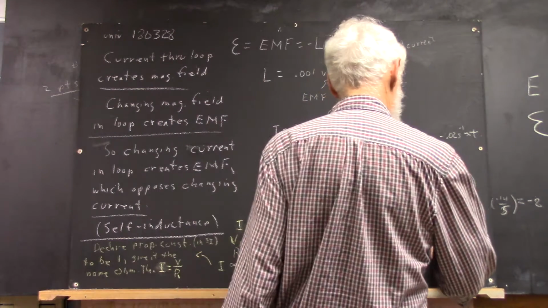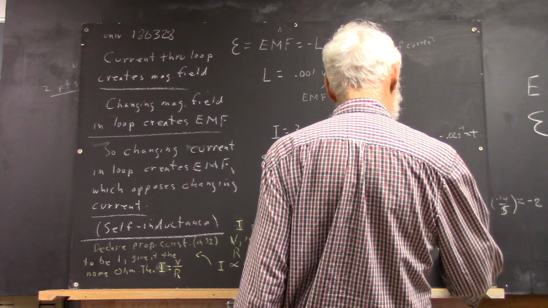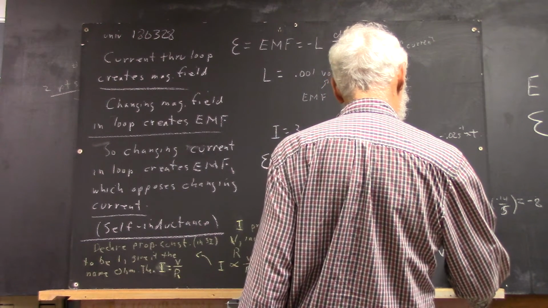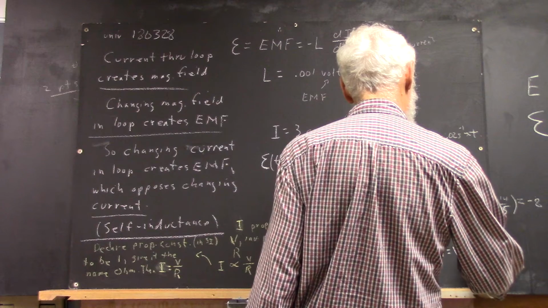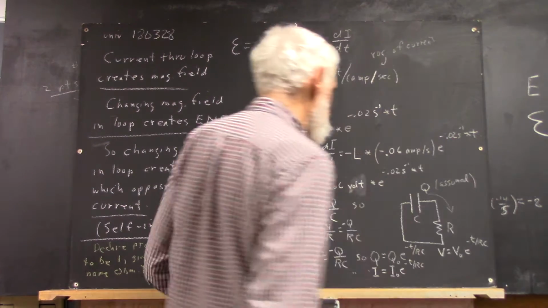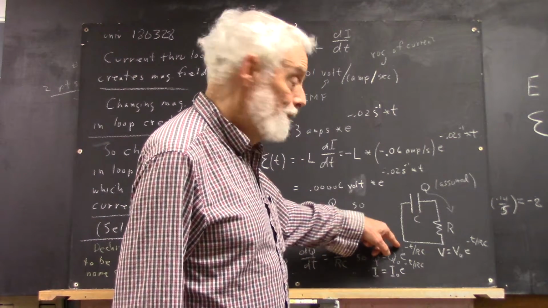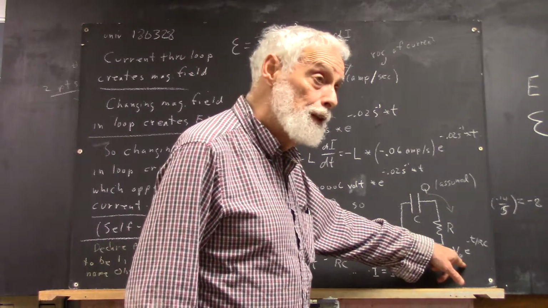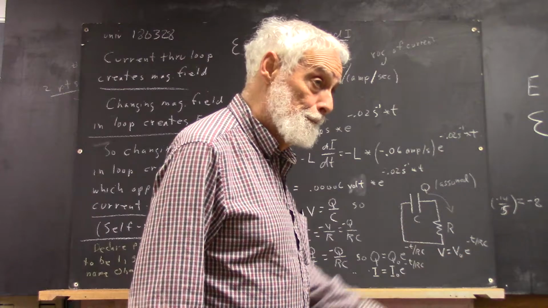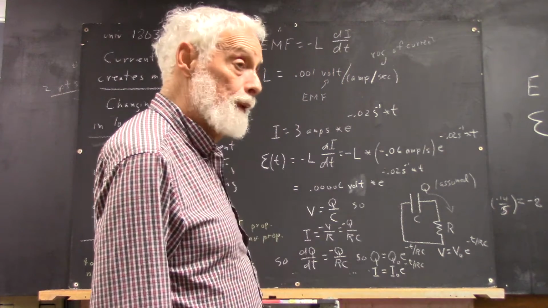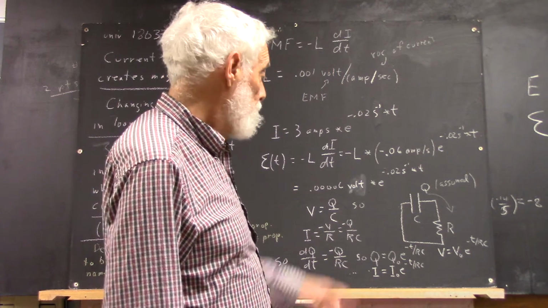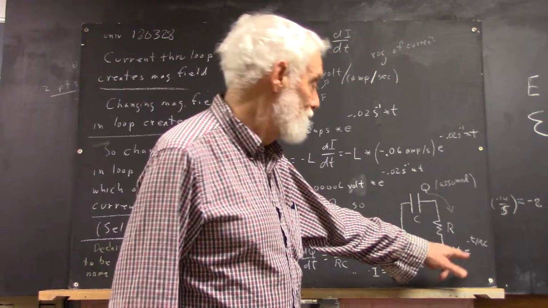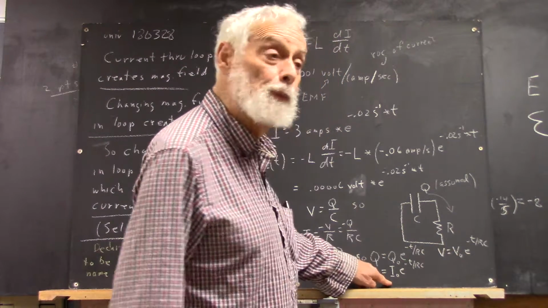So you conclude that your voltage equals V naught e to the negative t over RC. So once you get this, your voltage being just a constant multiple, you have this, right? And your current being voltage divided by resistance is just another constant multiple of this that we might as well write this way.